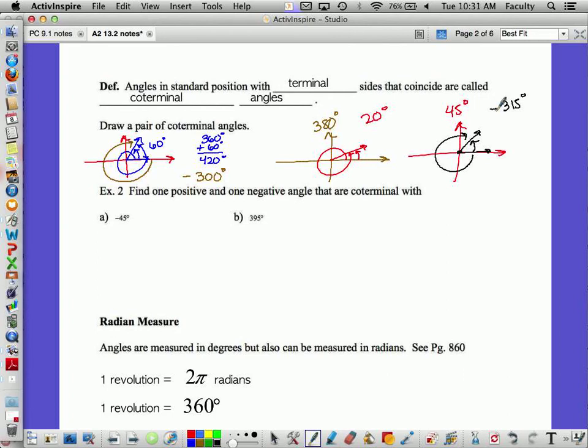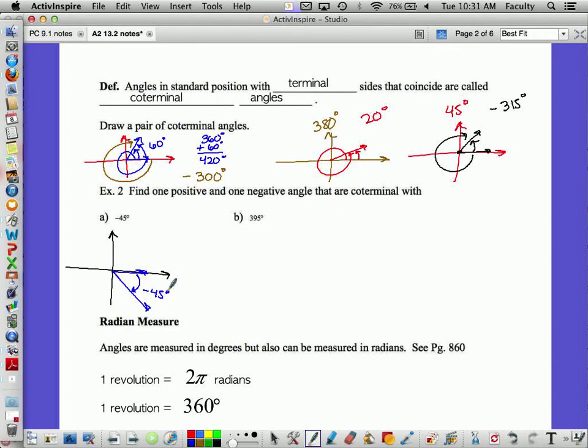So Carmel's is a nice one here for example 2, letter A. If I have negative 45 degrees, so negative 45 degrees is actually in the fourth quadrant. Are you guys noticing a pattern here? What could I do to always get another coterminal angle?